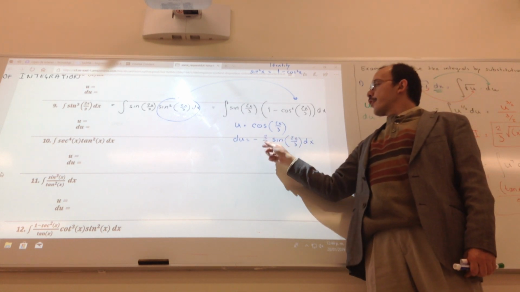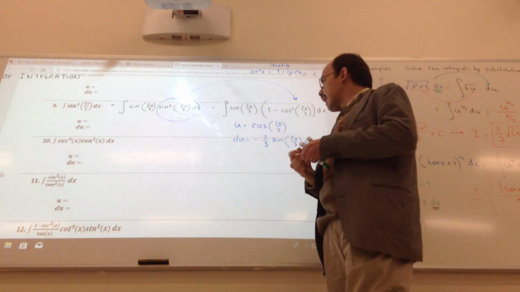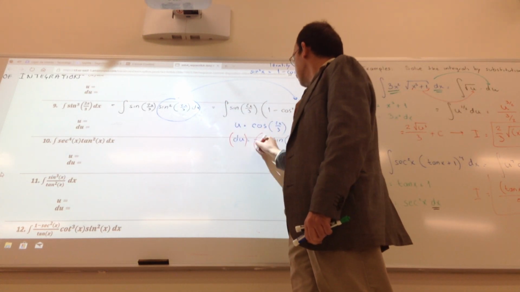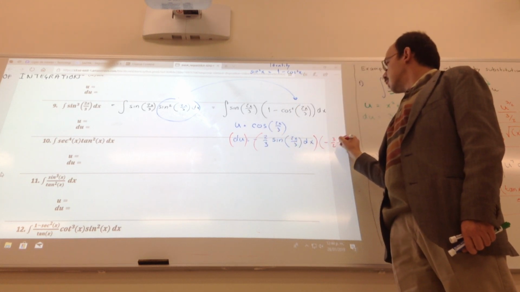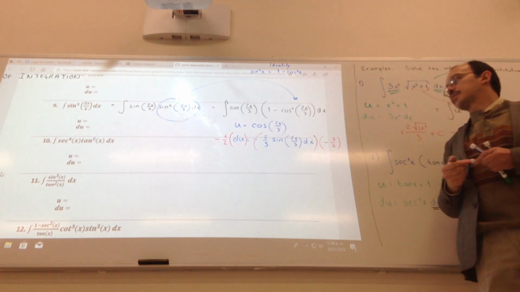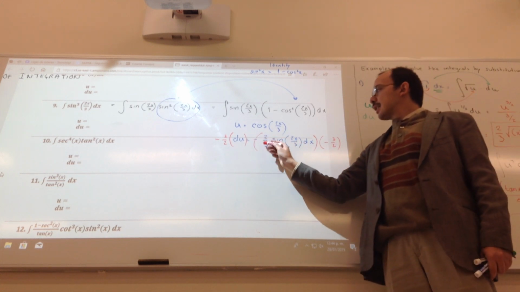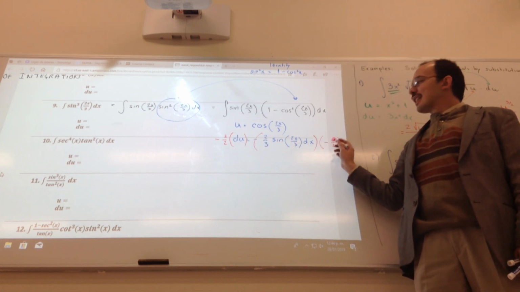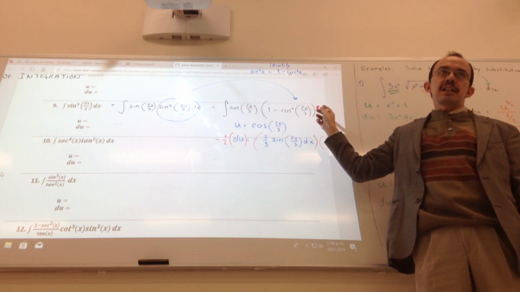Do I have minus 2/3 here as a coefficient? No. So I need to multiply by what? How do I get rid of this? If I multiply this by the reciprocal, then it cancels and you have just the sine, which is what you have in this integral.